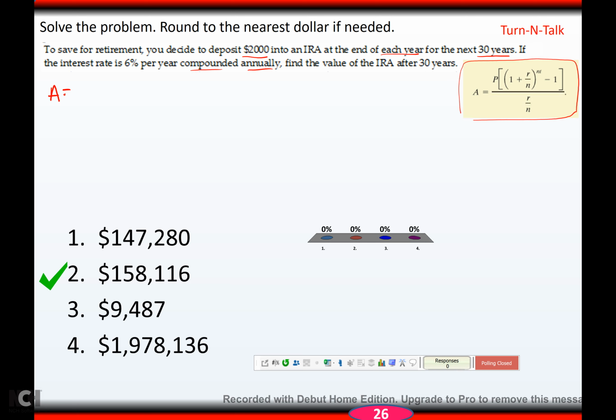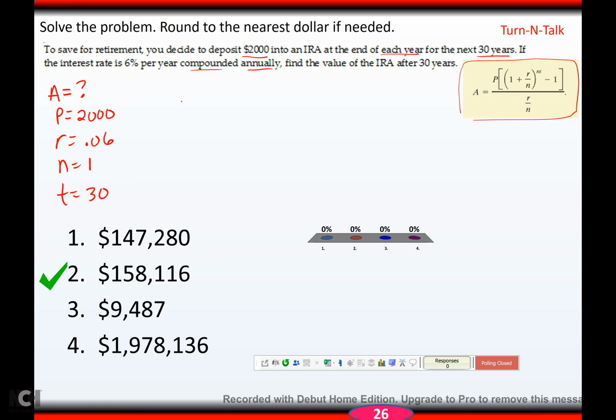Alright, so A would be, I don't know. What do we need? P, R, N, and T. My payment that I'm going to make is $2,000. My interest rate is 0.06. It's compounded annually, so N is 1. And my time is 30 years.